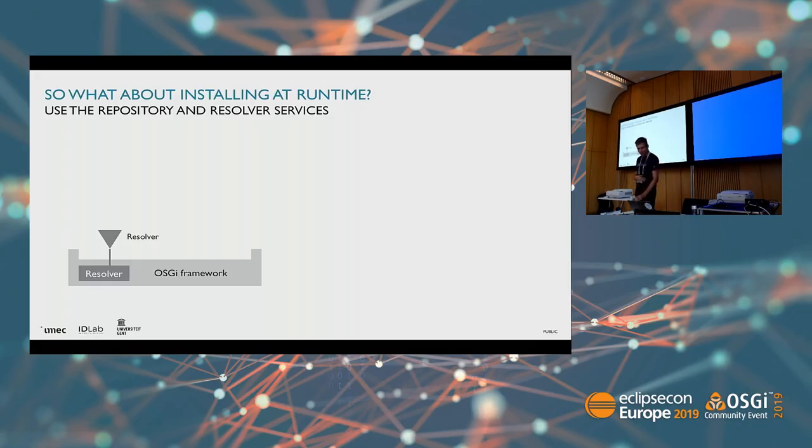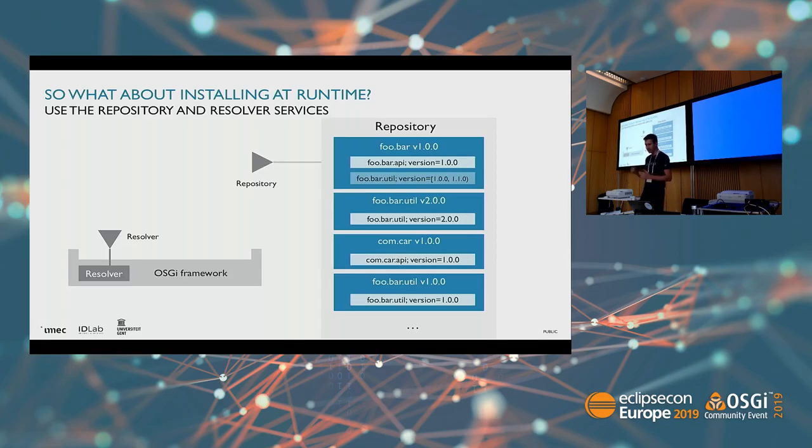So one of the cool things is that the OSGi framework's resolver, it's not only internally used in the OSGi framework, it's also exposed as a service, and anyone can use it, also you can. And I talked about these repositories, and also these you can make available at runtime as a service. There's a repository service for that.